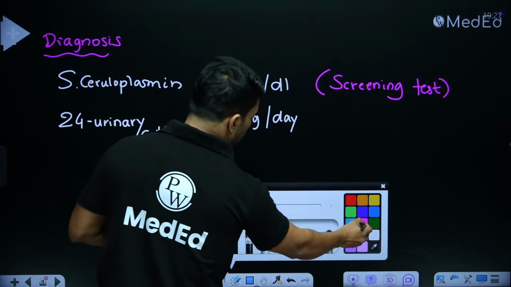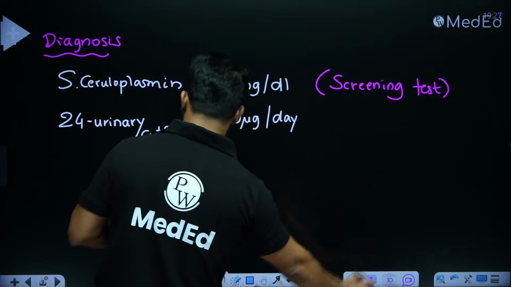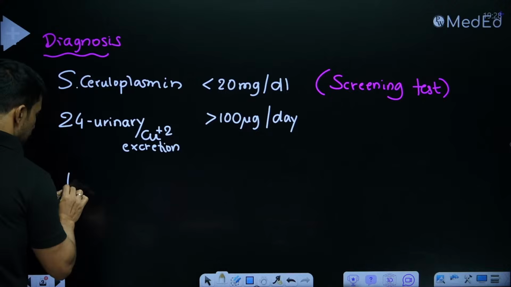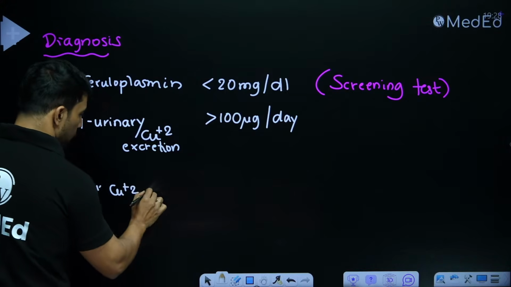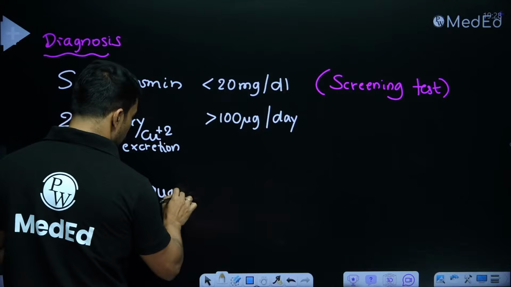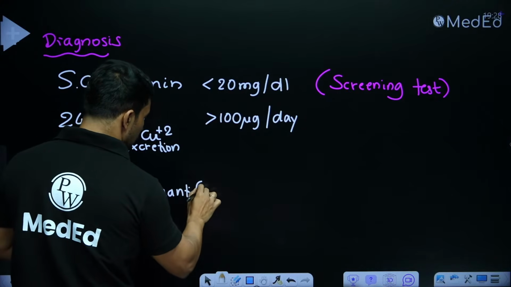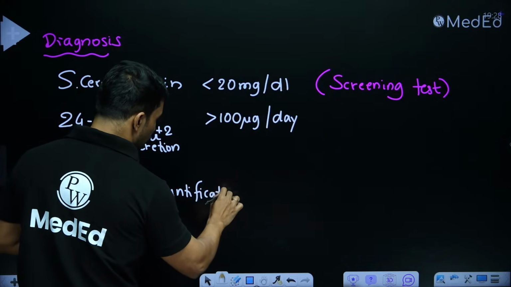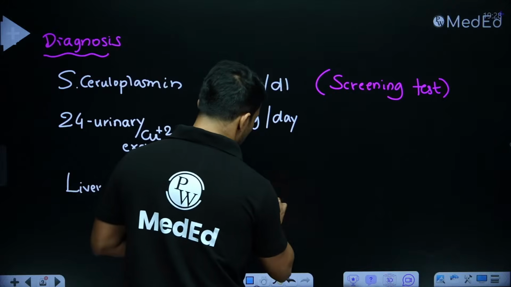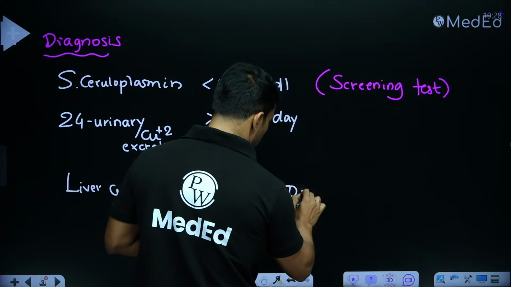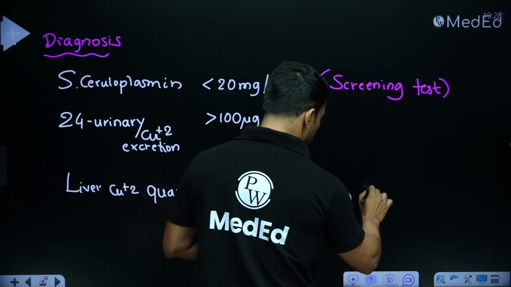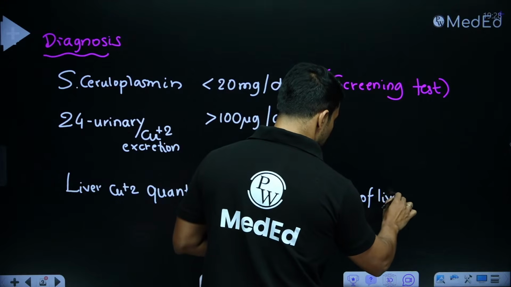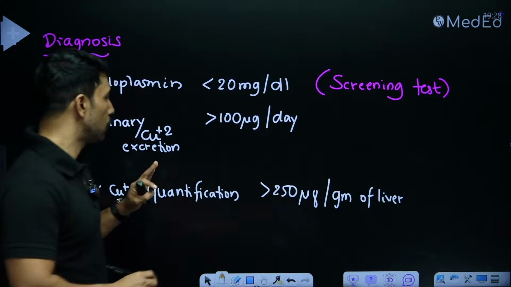But if you ask me what the gold standard investigation is, that is liver copper quantification. You can do a liver biopsy and then quantify how much copper is there per gram of liver. If it is more than 250 micrograms of copper per gram of liver tissue, then it is highly suggestive of Wilson disease.